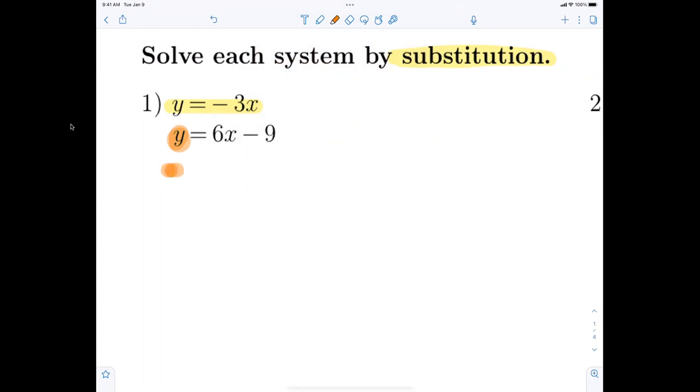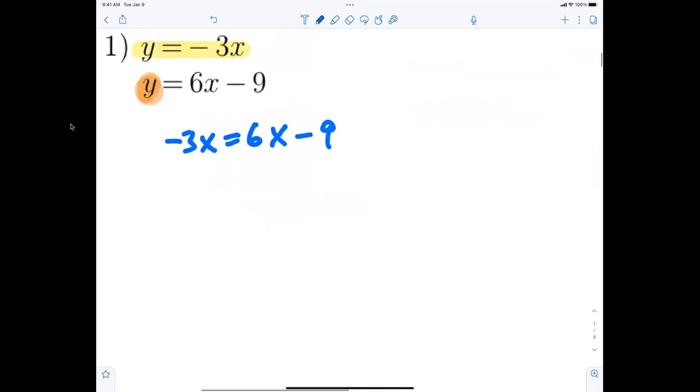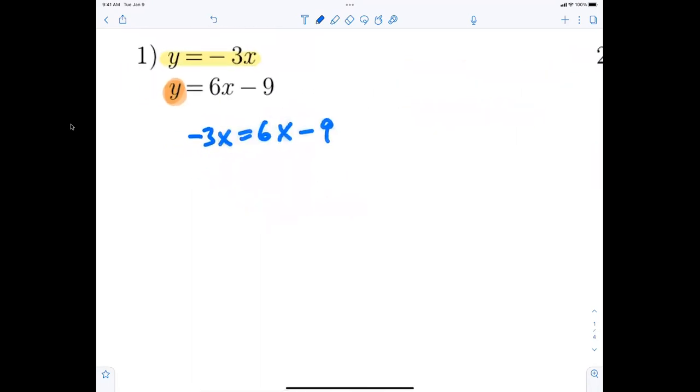So now we're going to say -3x equals 6x minus 9. Everybody's agreeing with that? Yep. And so now when we solve this, I'm curious, can you look up here and just move the x, and that would be what?